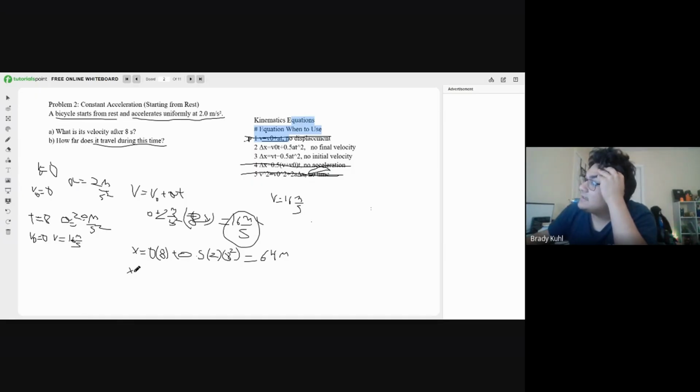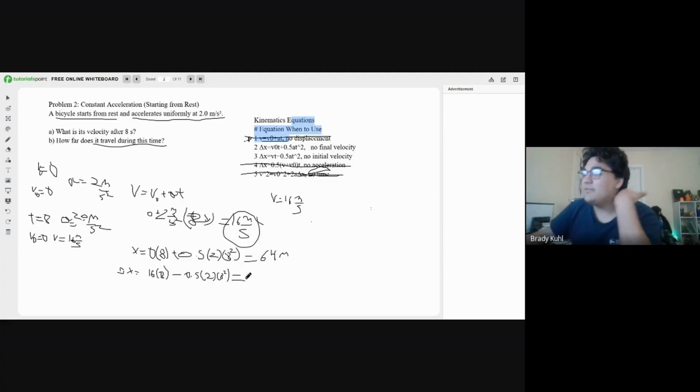Now let's use a case where we're just using a final velocity. So let's see. Delta x equals the final velocity, 16 meters per second, times 8 seconds, minus 0.5 times 2 times 8 squared.